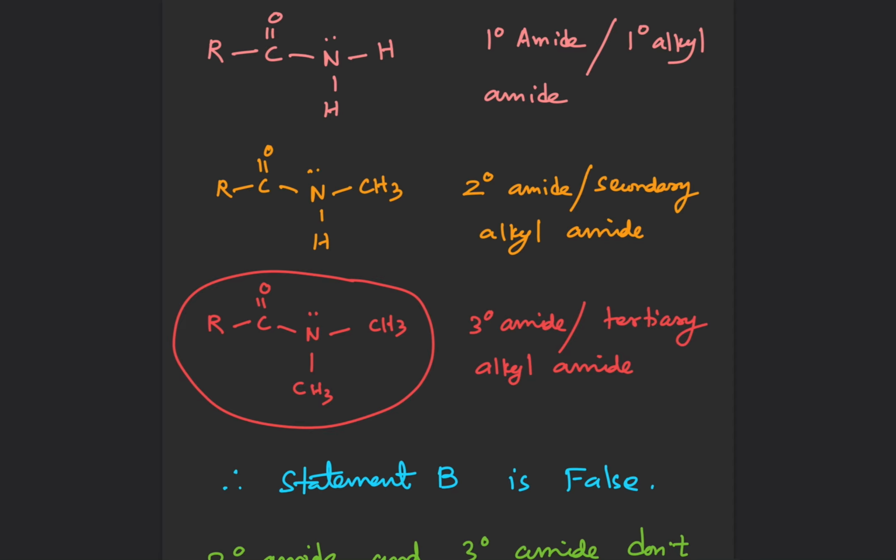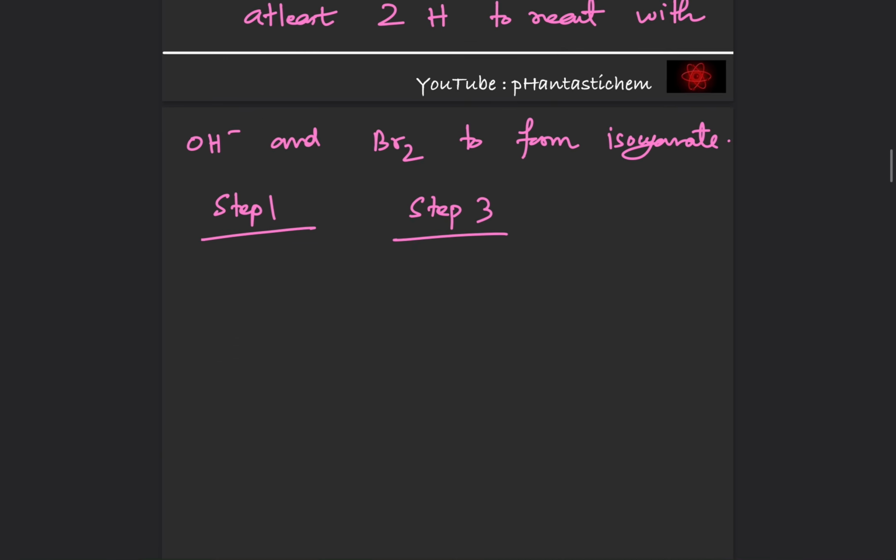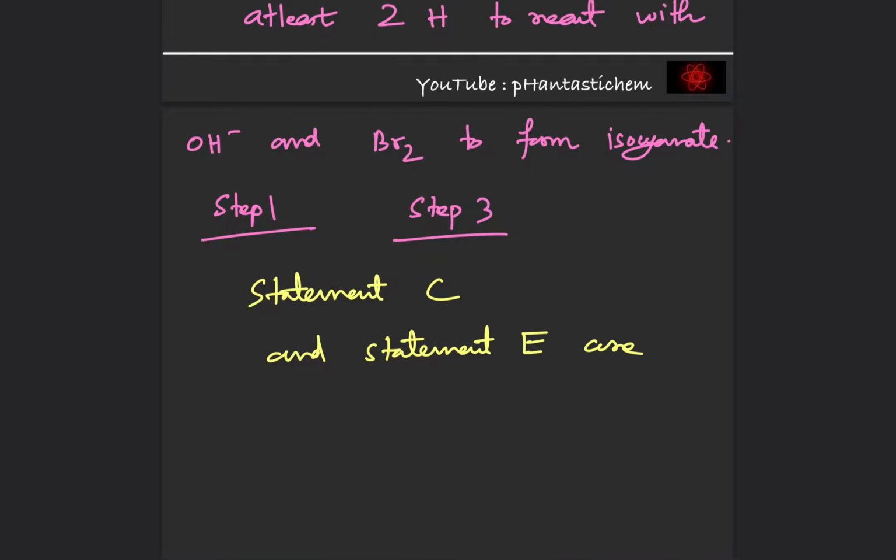No, it won't. It won't undergo Hoffmann reaction at all. So the question is asking us which of the following statements are true. Therefore only statement C and statement E are true statements.